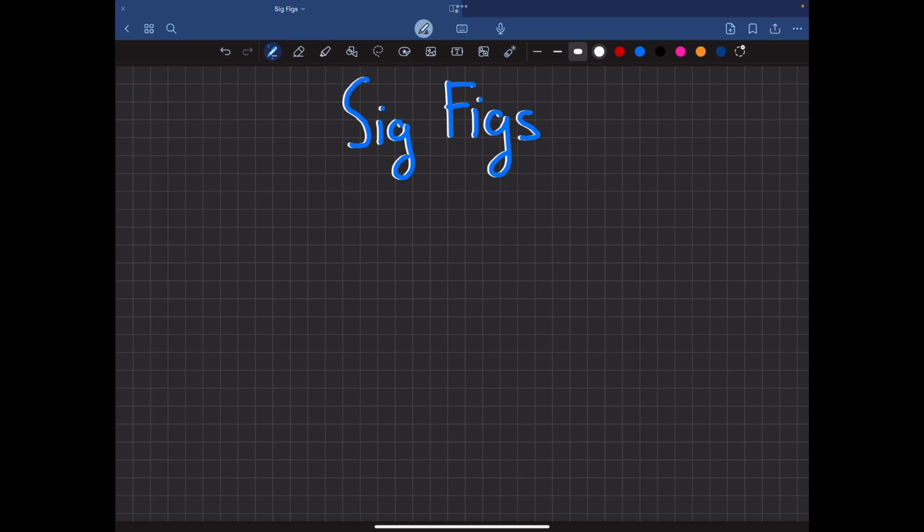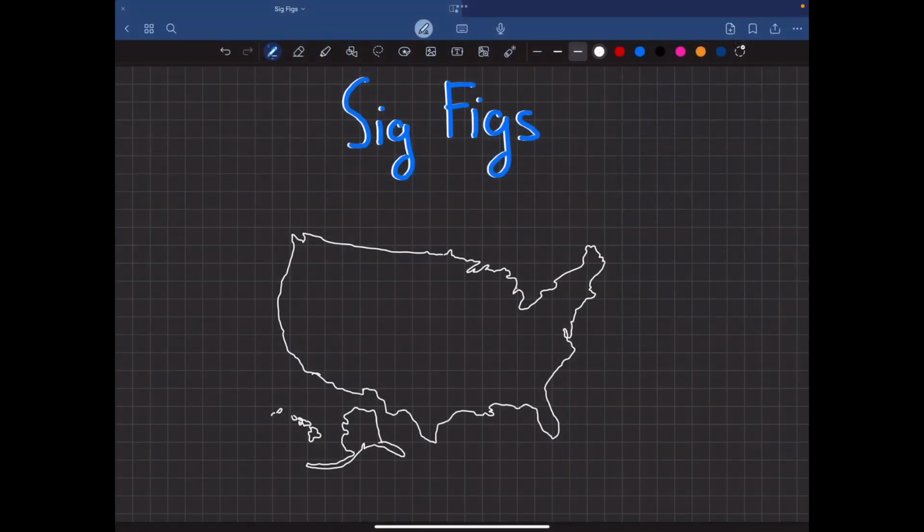In order to count sig figs, I like to start by thinking about a map of the United States. Here is my quick and dirty sketch. On the left side, or the west coast, we know this is the Pacific Ocean.